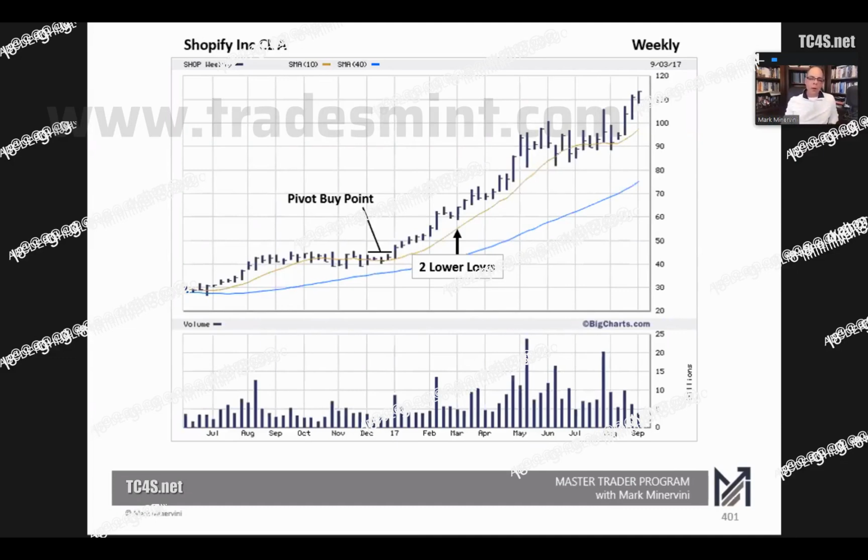But the time that I would recommend using that type of trailing stop is what we call the break even or better. And that's where the stock moves out of a base, and then when the 50-day catches up to the break even point, you switch to the 50-day and use it as a trailing stop.